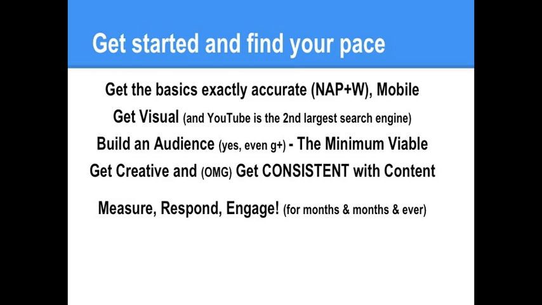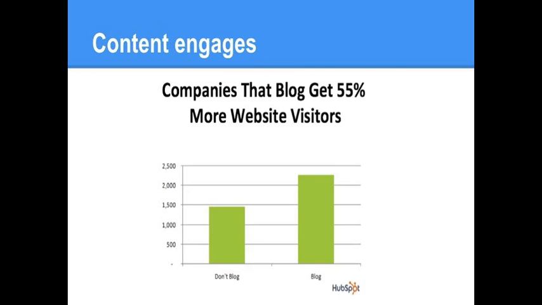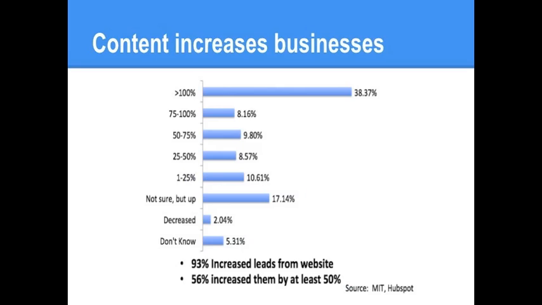Get creative, and yes, get consistent. Consistency is huge. And then measure, respond, and engage. Learn what works, what doesn't work, and double down on the stuff that's working for you. In general, content drives 55% more website visitors. It increases business.